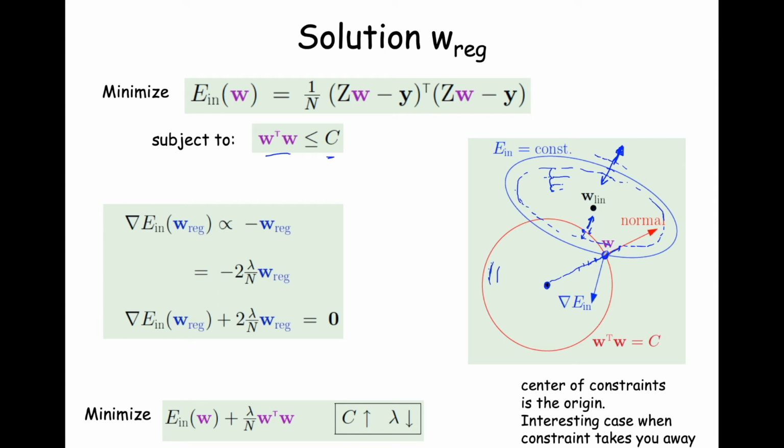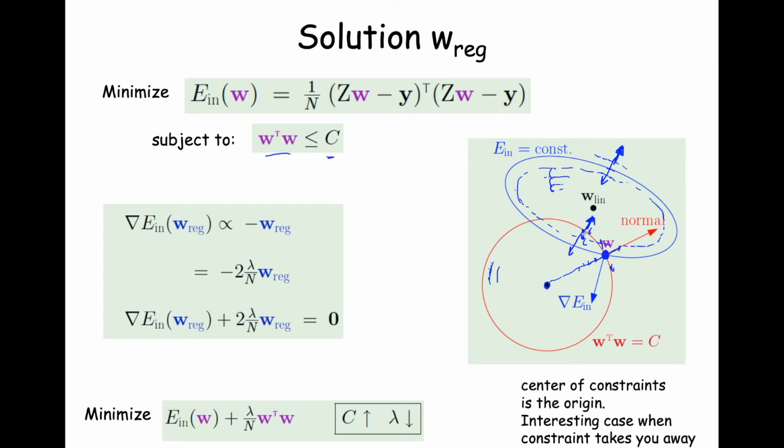And so this wouldn't be the solution, that present value of W, because if you look at it, you can go in this direction or this direction along the tangent to the constraint and actually get a value that's closer, right? It's this much closer to the W-Lin solution. And so that just says the best solution you can have is one for which the gradient of E_in points downward in that direction, and the normal to the constraint points in the opposite direction.